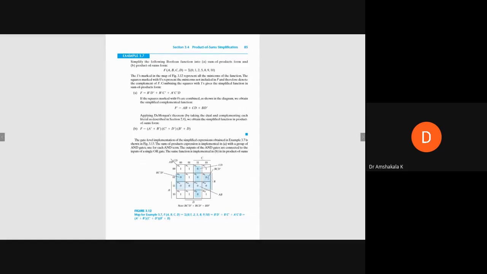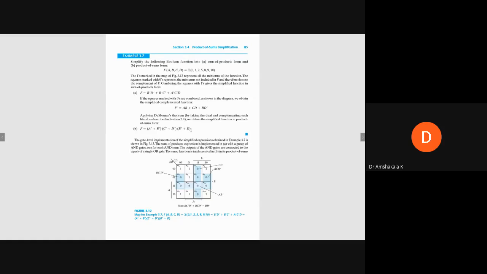In this group, the literal B is taking value 1. And along the column, you can see the variable D remaining constant and it's taking value 0. So we are going to write this as a sum term. The term we will get is B dash plus D because D is taking 0. So it's B dash plus D.